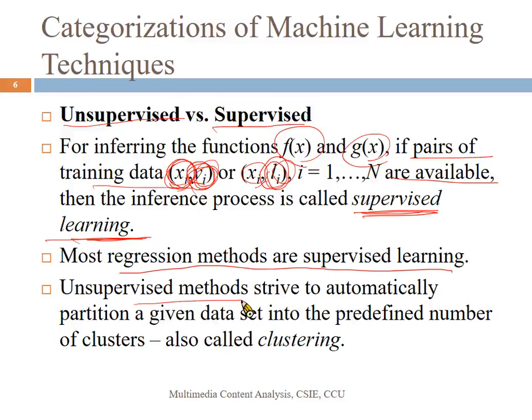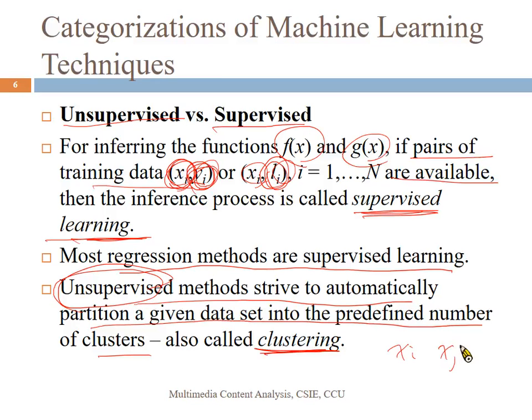And the unsupervised method tries to automatically partition a given data set into the predefined number of clusters. That is also called clustering. So for an unsupervised learning problem, we just give the input data xi, xj, xk, and so on. And we don't know the correct answer, or the corresponding label, of these given data points.